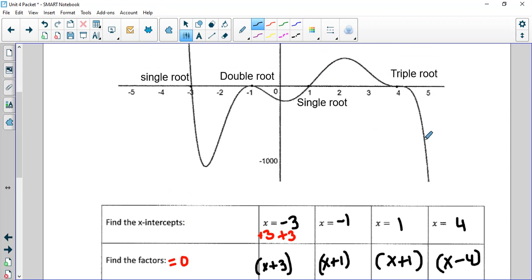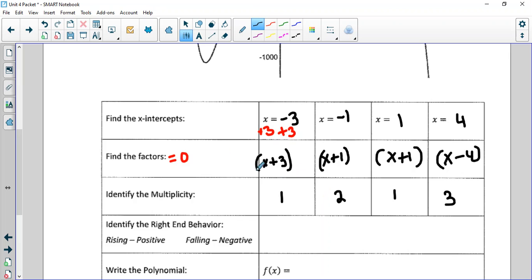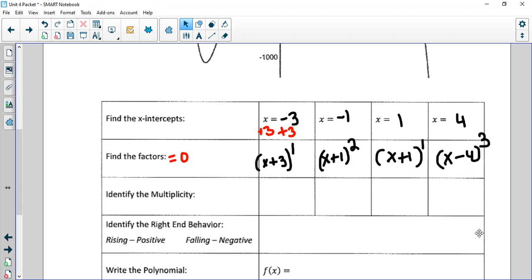And here there's a triple root, so there's a multiplicity of 3. These end up being your exponents for each of your factors. So the 2 goes up here, the 1 goes up here, and then the 3 goes up here. So that's where the multiplicities come from.